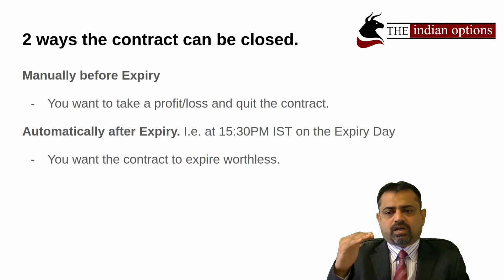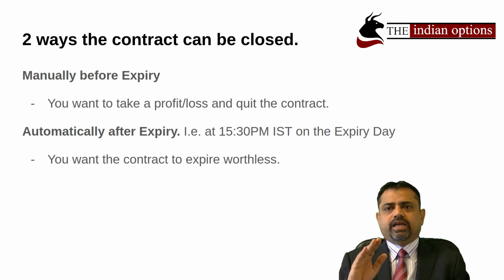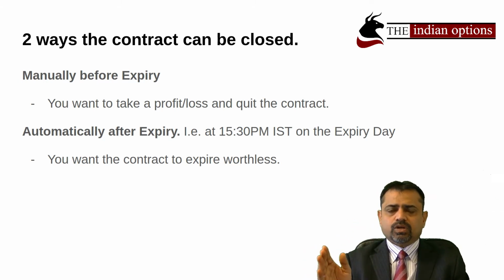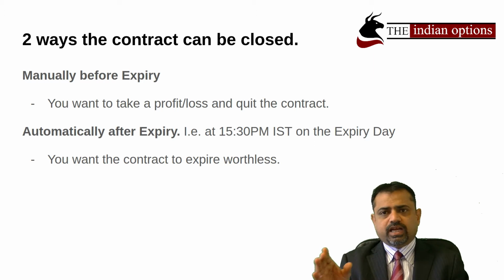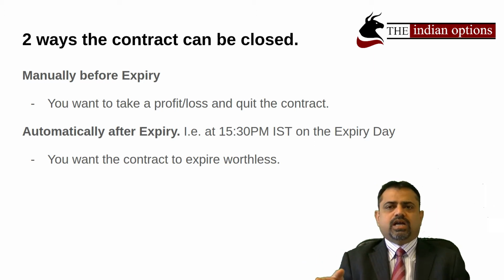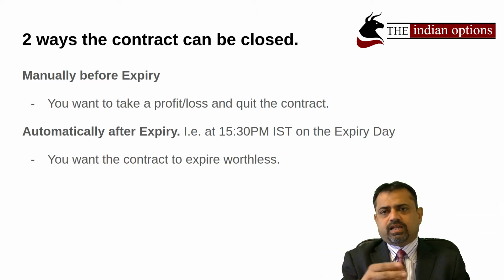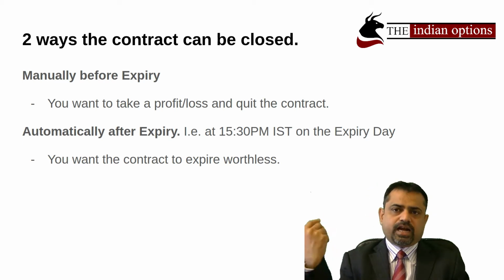It means on Thursday, or whenever that expiry day is, at 3:30 p.m. in the afternoon, when the market closes, all the contracts get closed automatically by the system. So if your contract is expiring on that day, it will be automatically closed and all the profit and loss will be calculated, and that much money will be deducted from or added to your account.